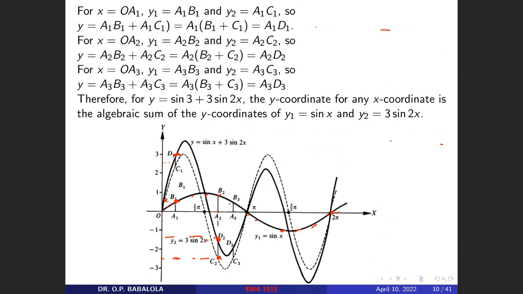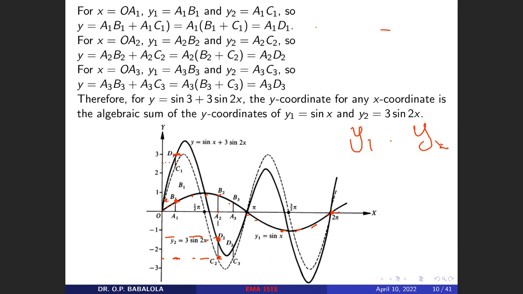Okay, can we just take it over again? Remember that we have sketched first the graph of y1, and we sketch the graph of y2, all right? y1 is this sine graph, y2 is the dotted graph, okay?